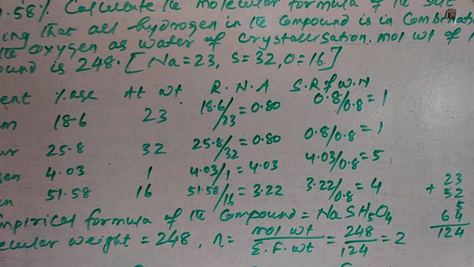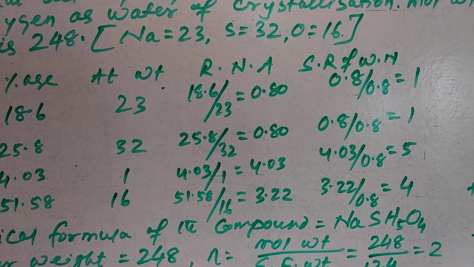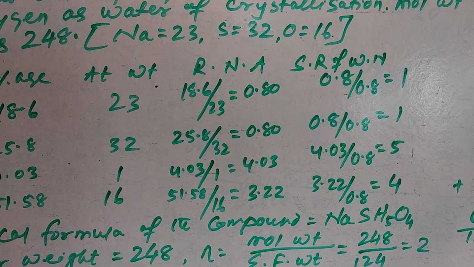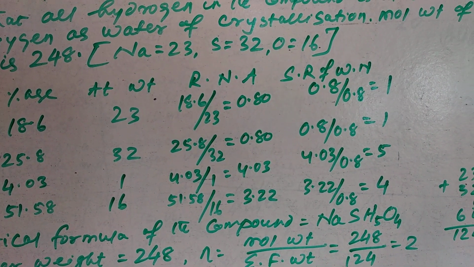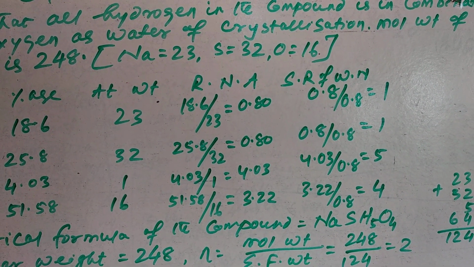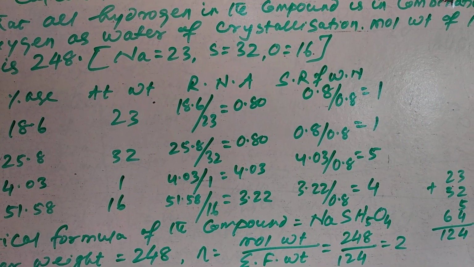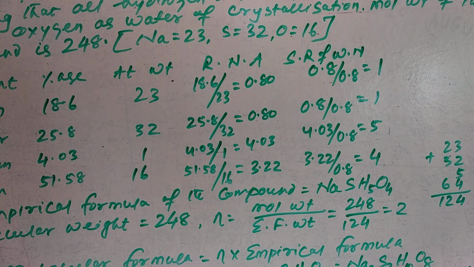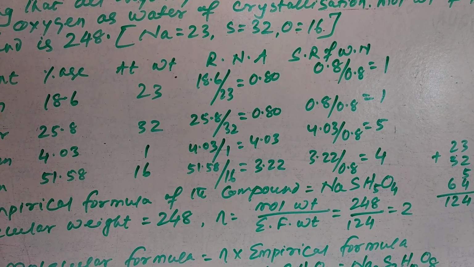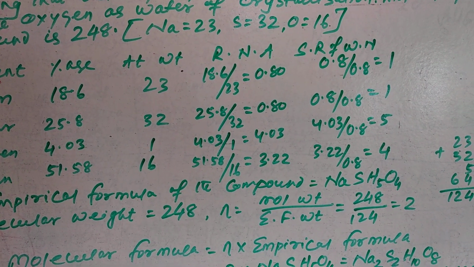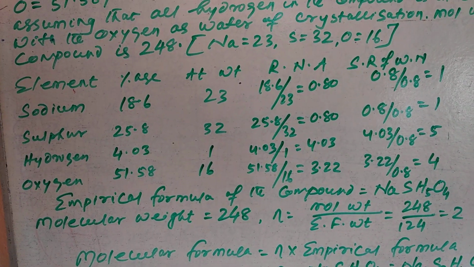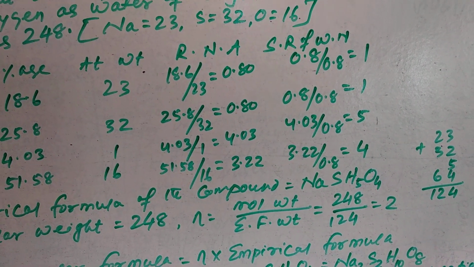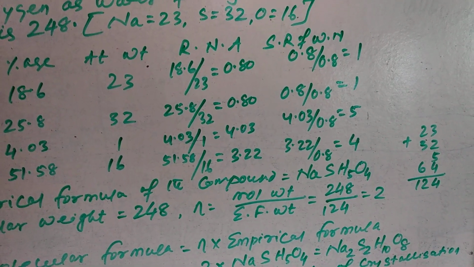Now coming to the relative number of atoms, 18.6 divided by 23 equal to 0.80. For sulfur it is 25.8 by 32, that's equal to 0.80. For hydrogen it is 4.03 divided by 1, that's equal to 4.03, and for oxygen 51.58 divided by 16 is equal to 3.22.